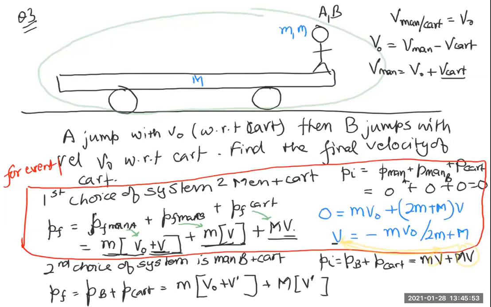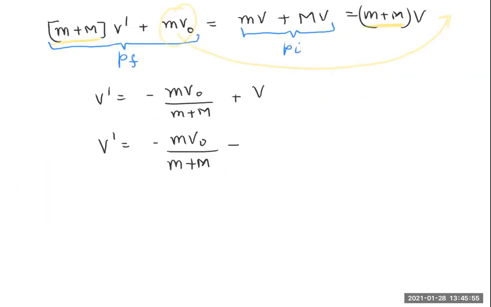So I'll just put the v की वैल्यू over here, minus m v naught upon 2m plus v. Right? So this is the answer. अब आप इसको कैसे भी सिंप्लीफाई कर लीजिए, that's up to you, but this is the answer.